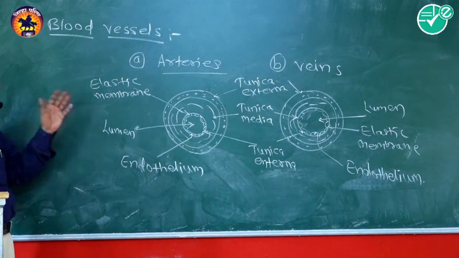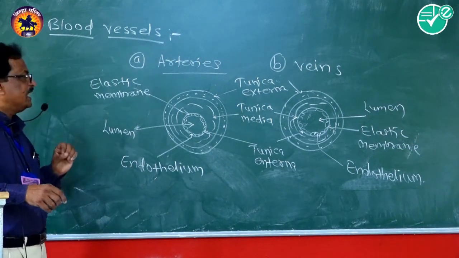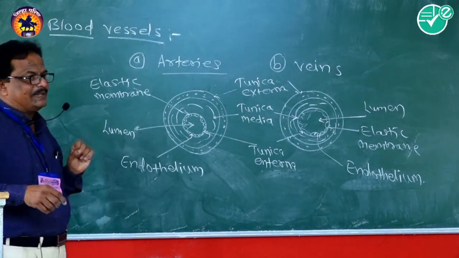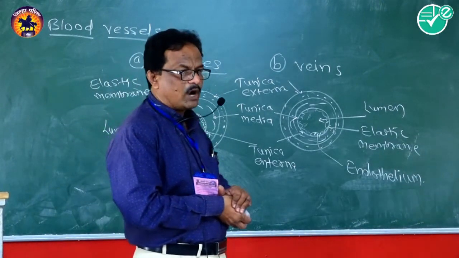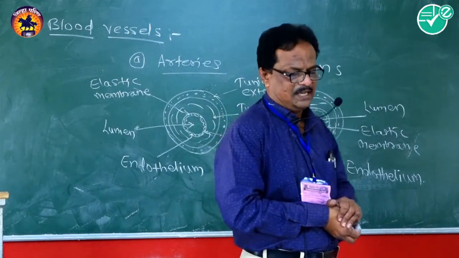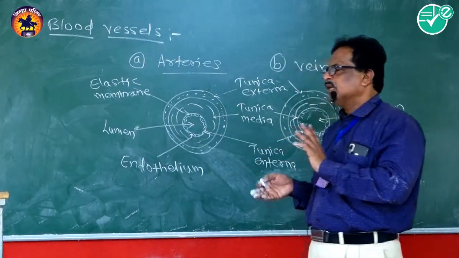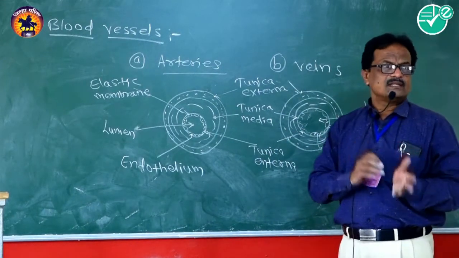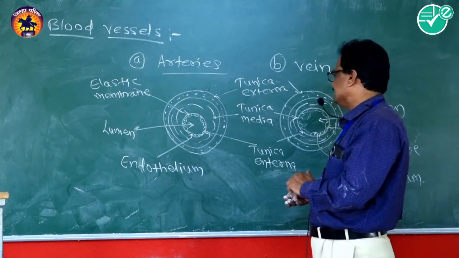These capillaries play an important role. The speciality of the capillary is that its wall is semi-permeable. This means water and water-dissolved substances are exchanged between the blood and the tissue fluid, the interstitial fluid present in the tissues.